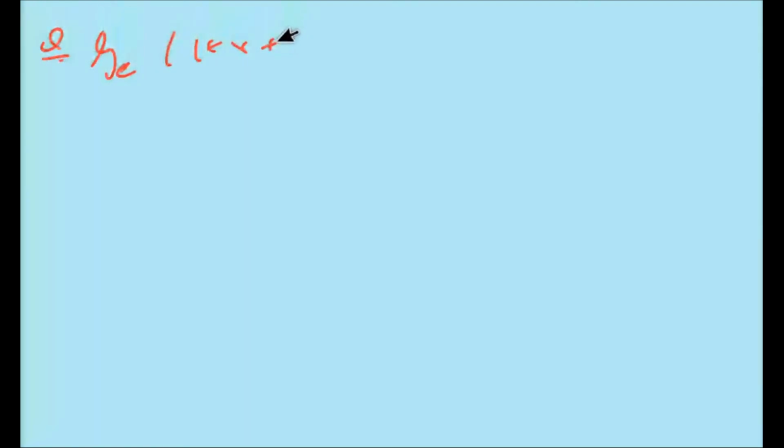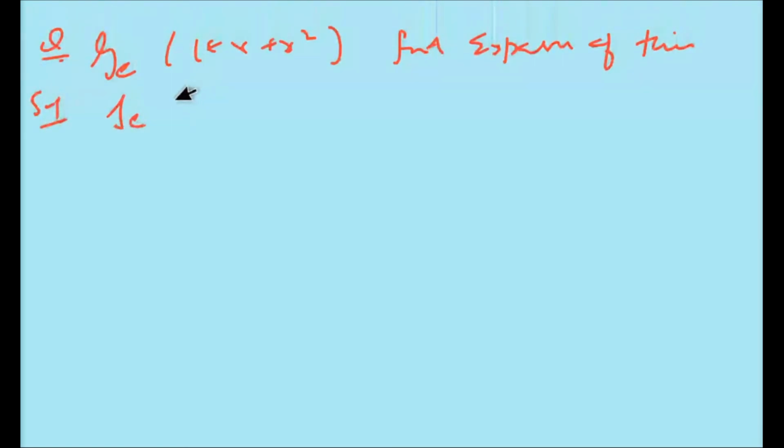square, and find the expansion of this. So we can see here, if we multiply by 1 minus x and divide by 1 minus x, we get a cube minus b cube factor, a minus b into a square plus ab plus b square.